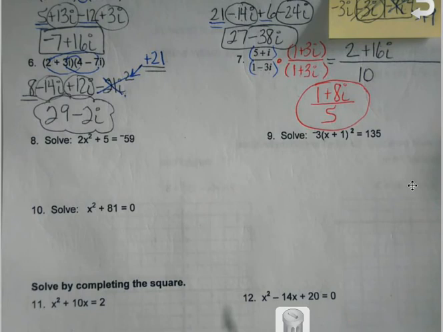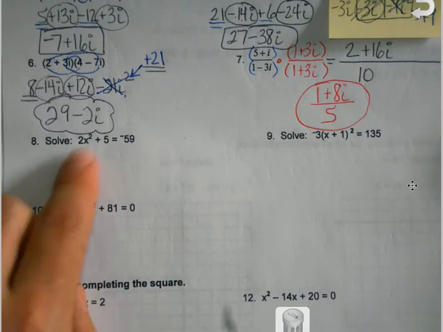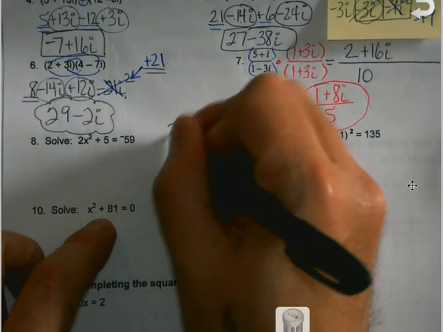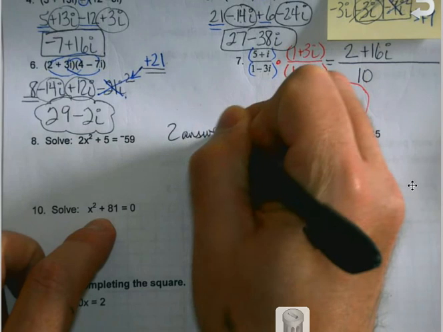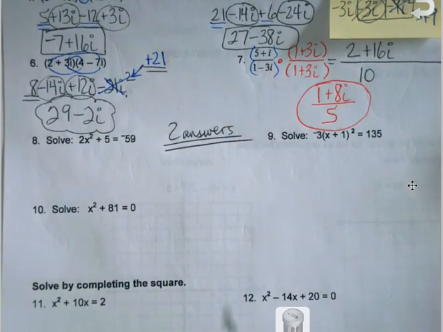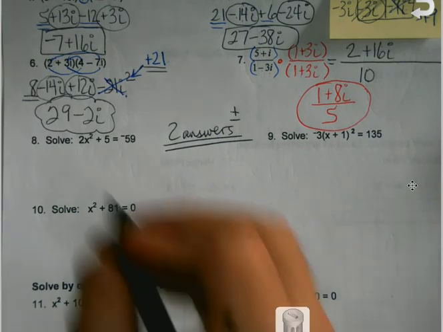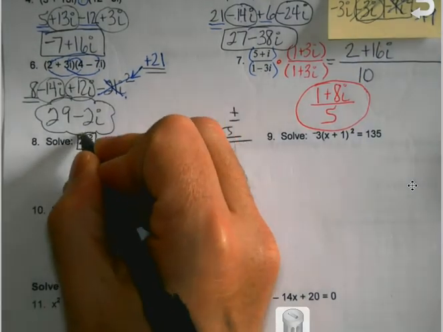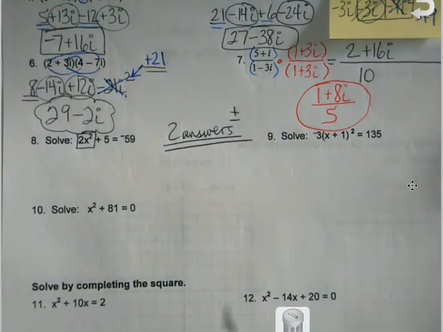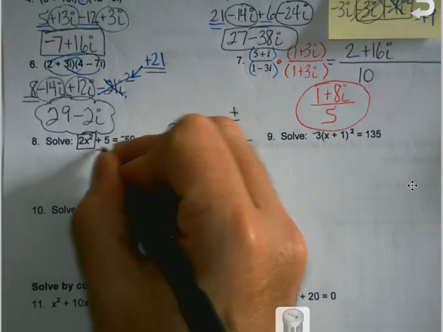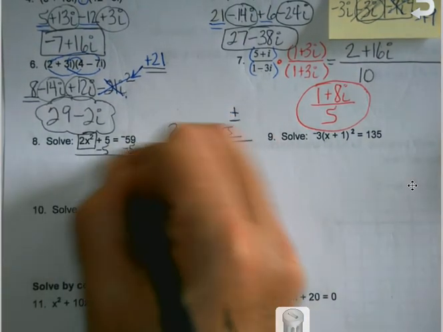Okay. So then we get to solve. I see x squareds. Reminder: two answers, usually going to be something with plus minus. So I start looking at this and I go, okay, must isolate the x term before I do the square root. Must isolate.